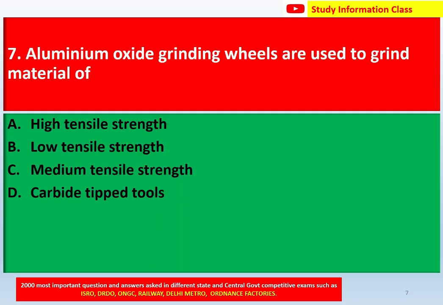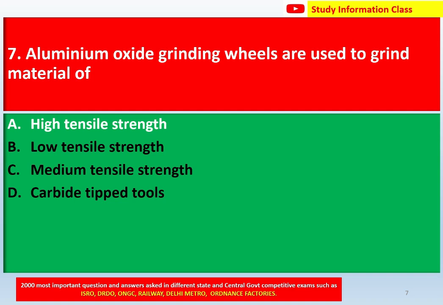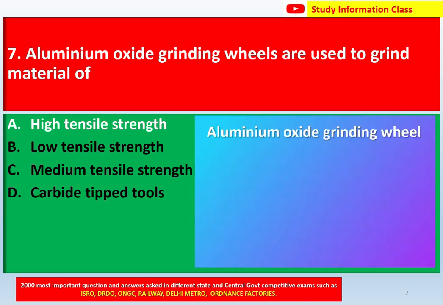Next question, aluminium oxide grinding wheels are used to grind material of. Option: high tensile strength, low tensile strength, medium tensile strength, and carbide tipped tools. For this question, the correct answer is high tensile strength.